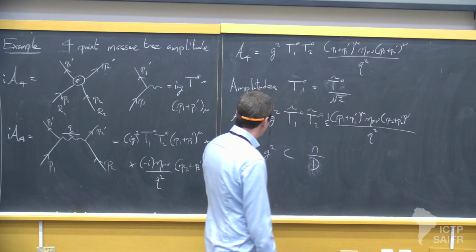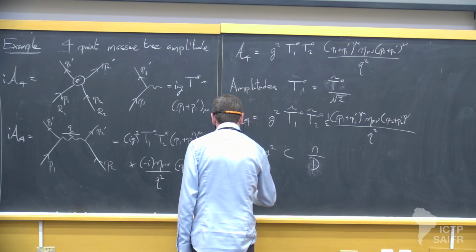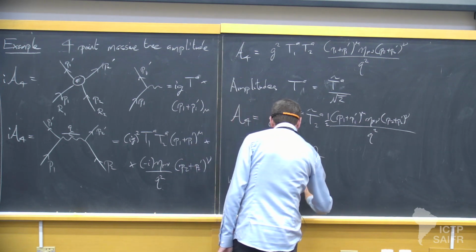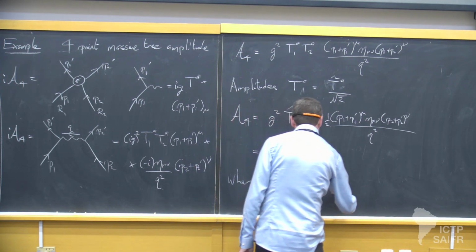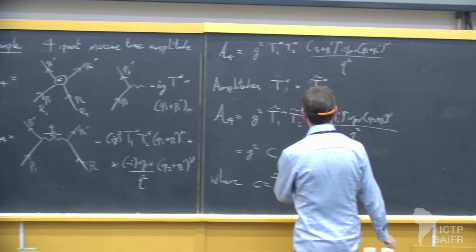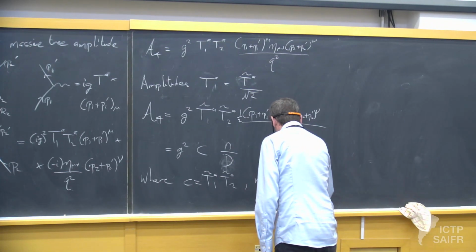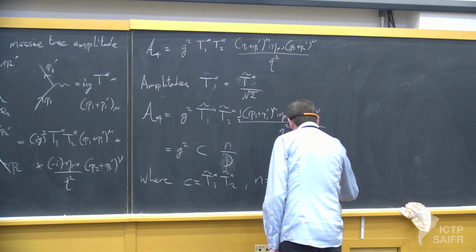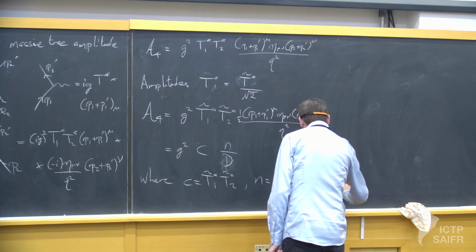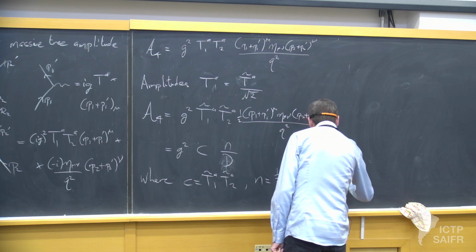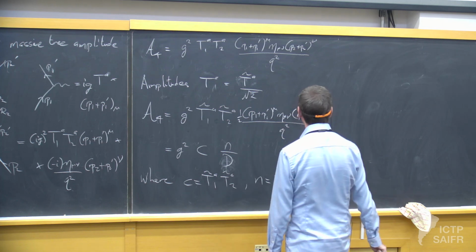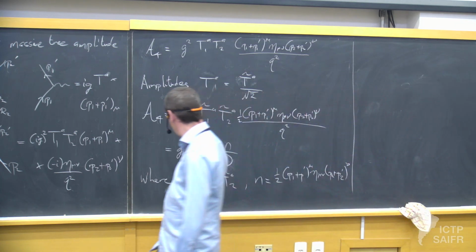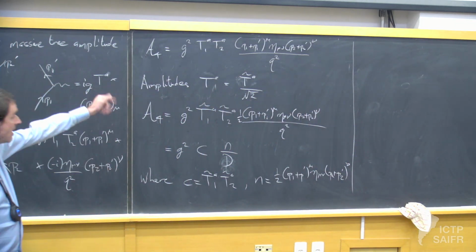The color factor is the T^A tilde 1, T^A tilde 2. The numerator has a half, P1 plus P1 prime, mu, eta mu nu, P2 plus P2 prime, nu. And the denominator is obviously Q squared.